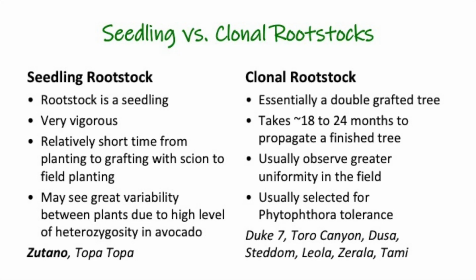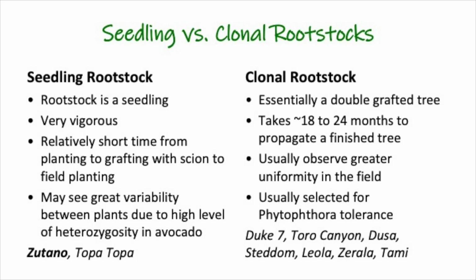Okay. Now, clonal rootstock is essentially a double grafted tree, and I'm going to show you some pictures of what that means. They take longer to produce, 18 to 24 months. Because it's using the same genetic material for every tree for the rootstock, you usually see greater uniformity in the field.